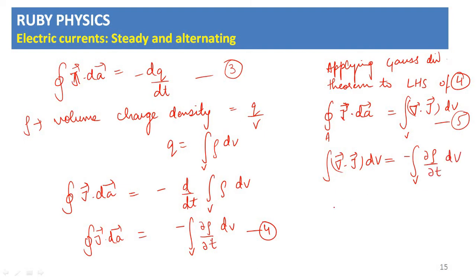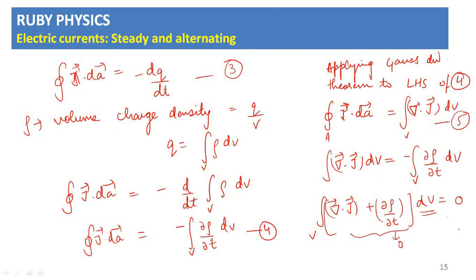We can write this as the integral of del dot J plus partial rho by partial t, this whole term, dV is equal to 0. In this case dV can't be 0, so this term will be 0. This is equation number 6.